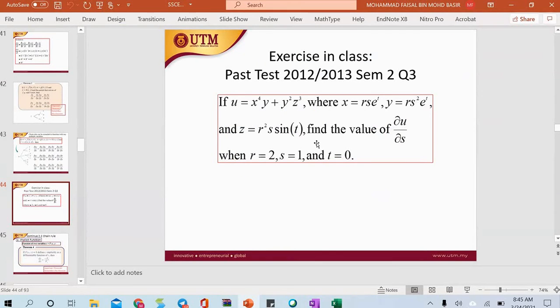Okay, you see here, u is a function of x, y, z. Your x is a function of RST. Your y also RST. And your z is RST. So everything is here.